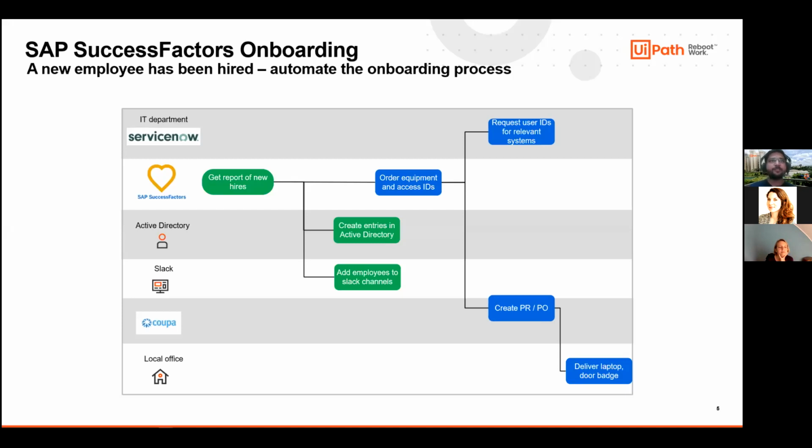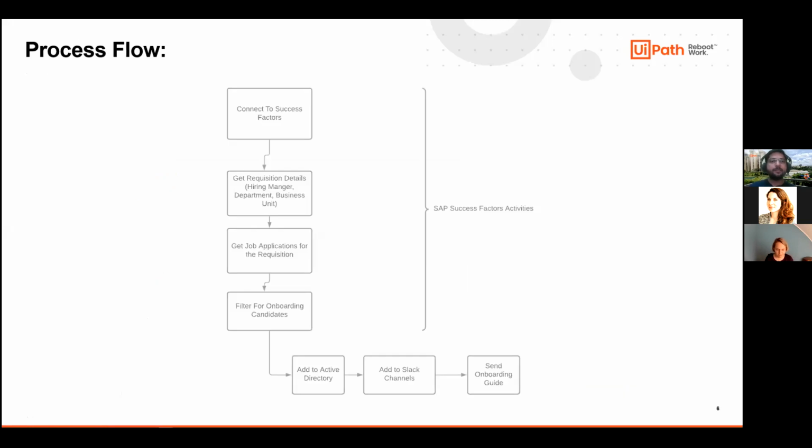Right, so these three pieces are distributed as you can see here. SAP SuccessFactors is something that we are going to work on in detail today, and then we will have two other modules, Active Directory and Slack, which will take care of the complete use case end to end. Talking about the things that we are going to build today, we are going to concentrate on only the SAP SuccessFactors activities.